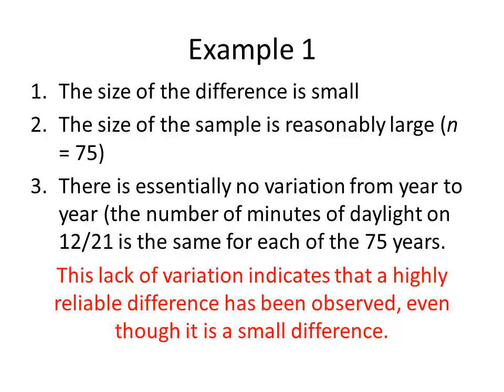The number of minutes of daylight on December 21st is the same for each of the 75 years. And the lack of variation indicates that it is a statistically significant difference, or a highly reliable difference, that has been observed, even though it is a small difference.